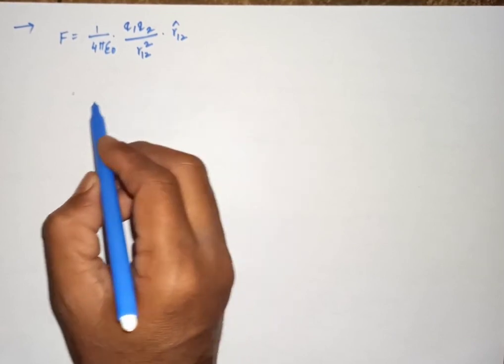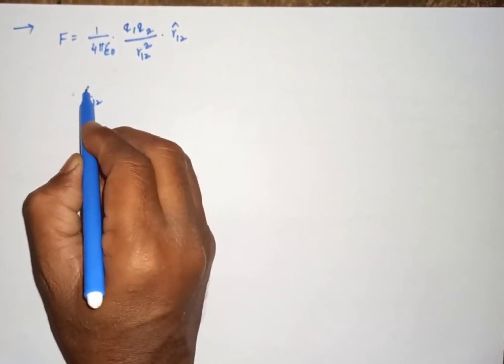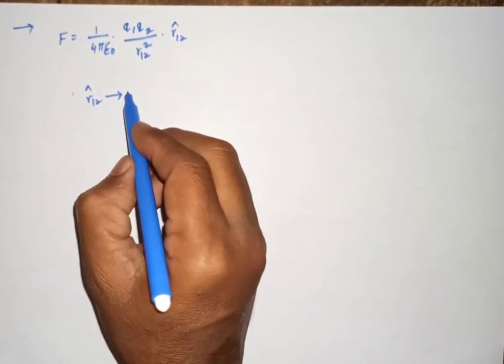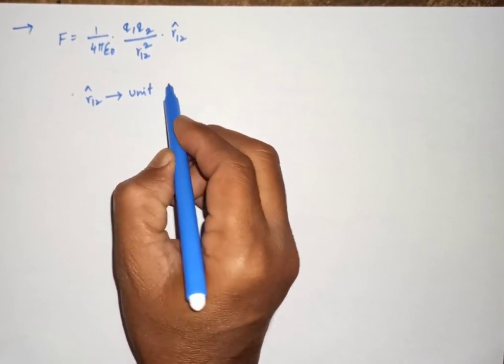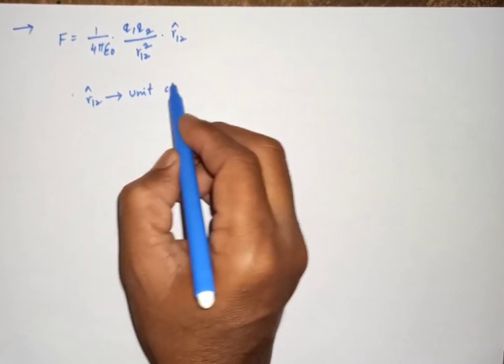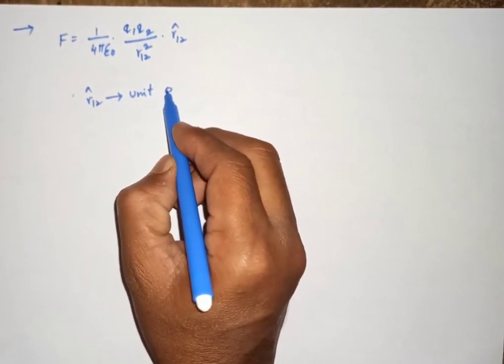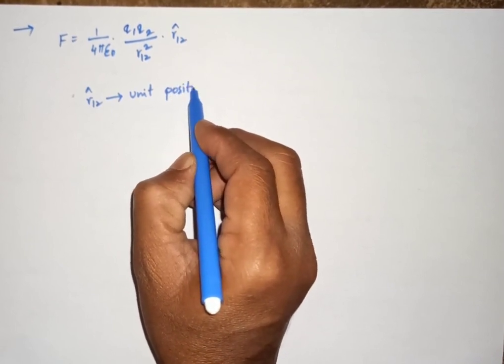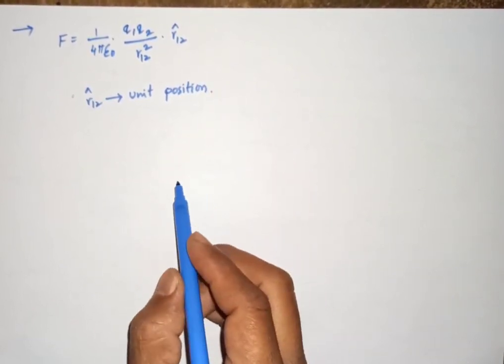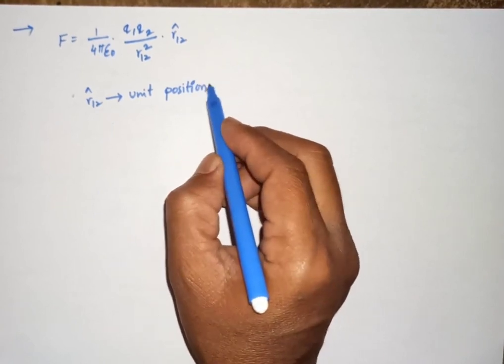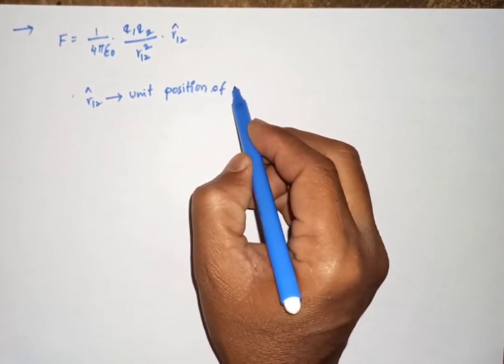Here r12 cap is a unit vector, the unit position vector.